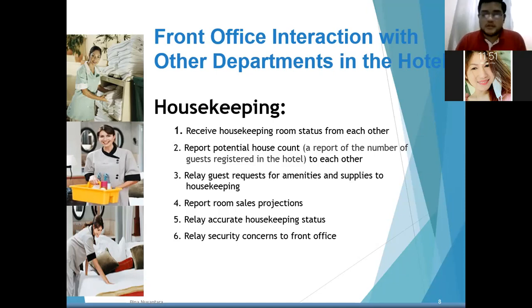Okay, good, Lorena. That is your explanation. You explained bullet number three already: relay guest requests for amenities and supplies to housekeeping. If the guests need anything, they will sometimes call front office. They don't directly call housekeeping.